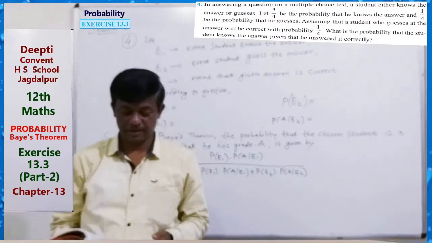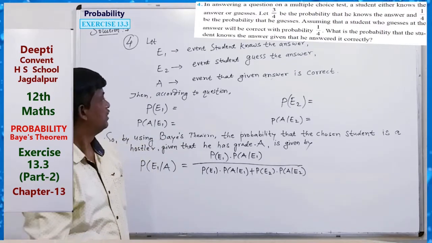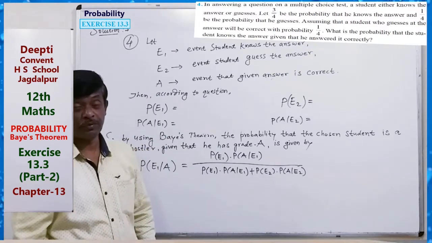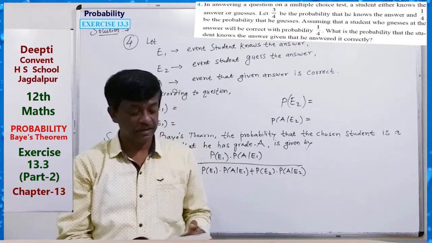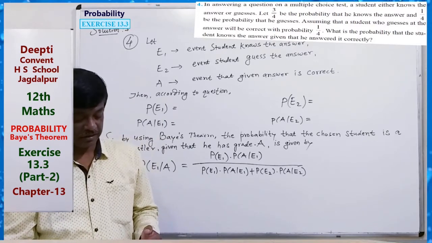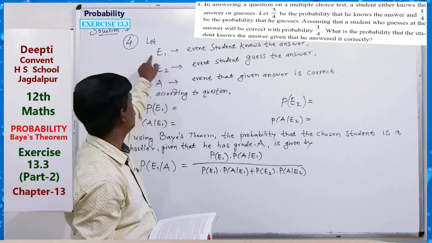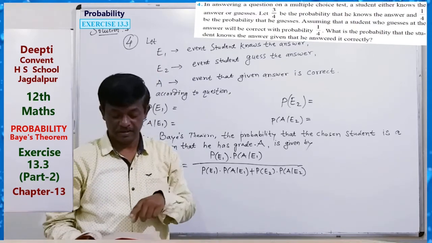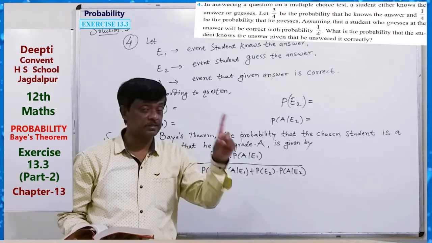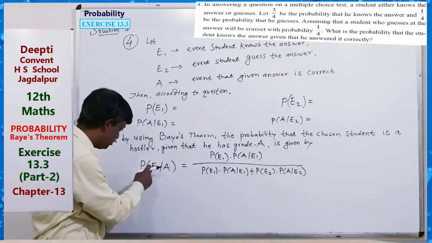Okay, this is our setting. Now we have to find the probability that the student knows the answer, E1, given that he answered correctly. That is, E1 given A.